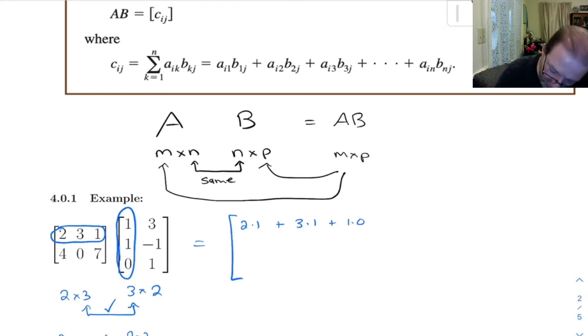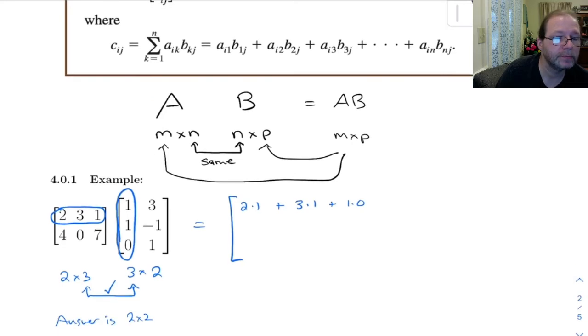So that gives us the first entry. The next entry we'd get by taking the 2, 3, 1 and multiplying it by this column. So we get 2 times 3 plus 3 times negative 1 plus 1 times 1.